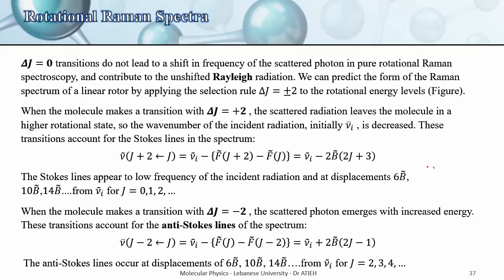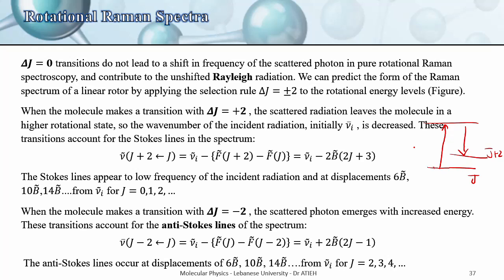If our molecule is in a certain level J and is hit by an incident photon, it will absorb this photon, move up to a higher energy level, and then emit a photon, the scattered photon, by going back to the level J plus 2. The molecule started with energy level J, and upon scattering a photon, it ended up with a higher energy level J plus 2. So delta J equals plus 2.